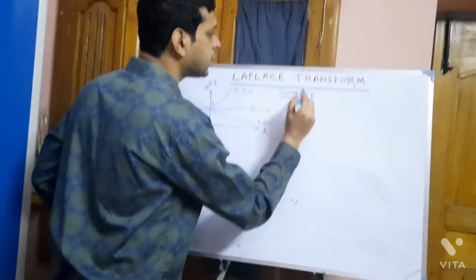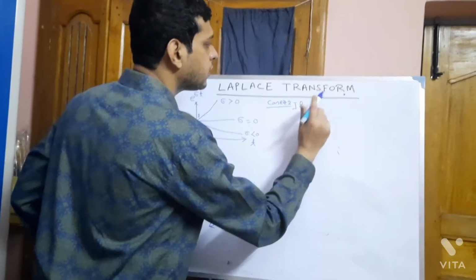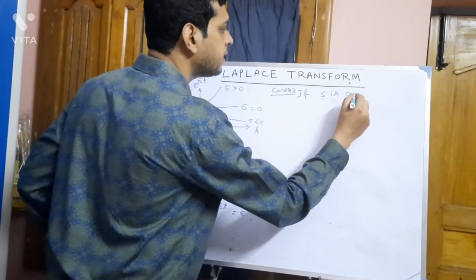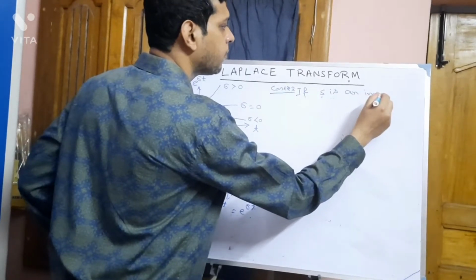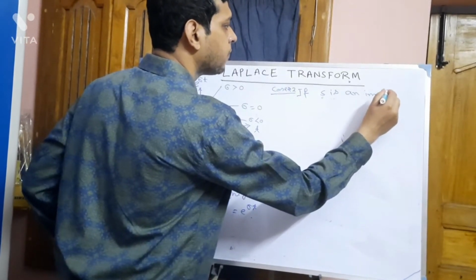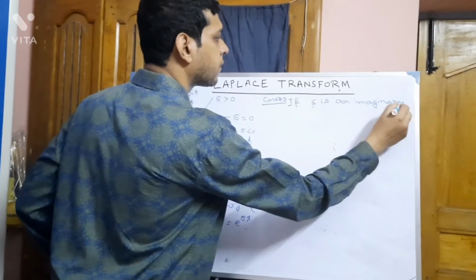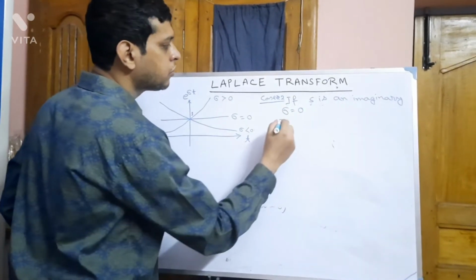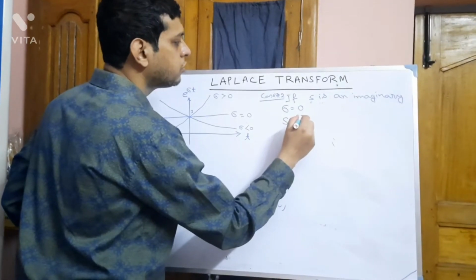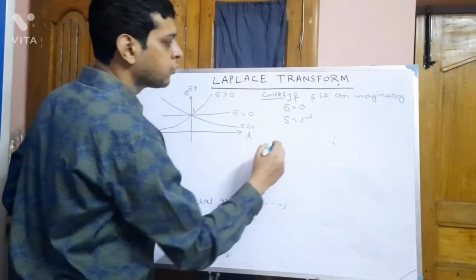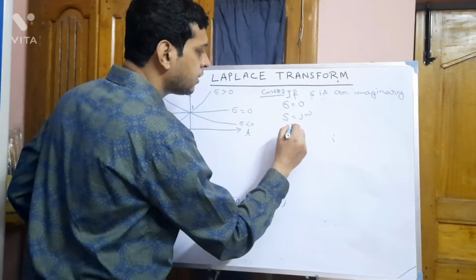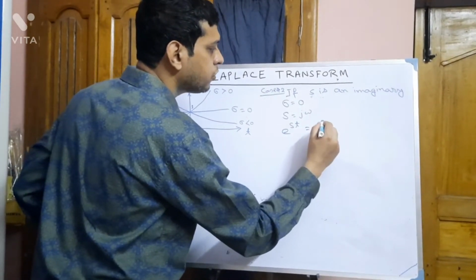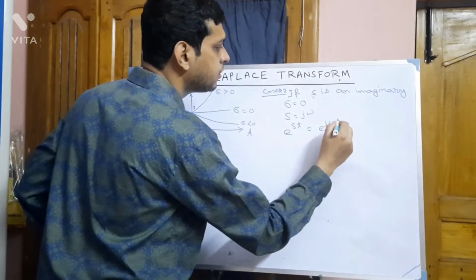Now case 2, we will consider s to be an imaginary quantity, or sigma equal to 0. If sigma is equal to 0, s is equal to j omega only. So e to the power st is equal to e to the power j omega t.